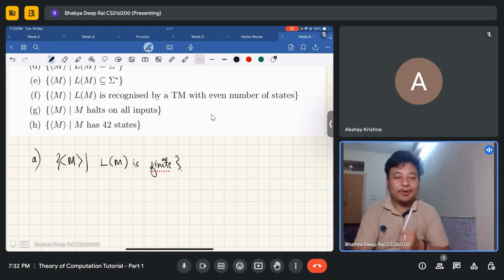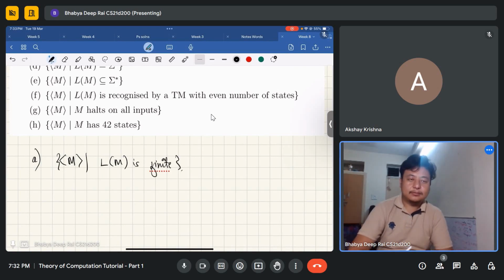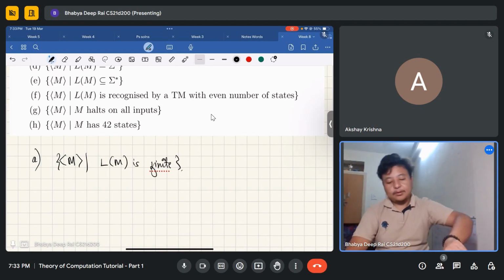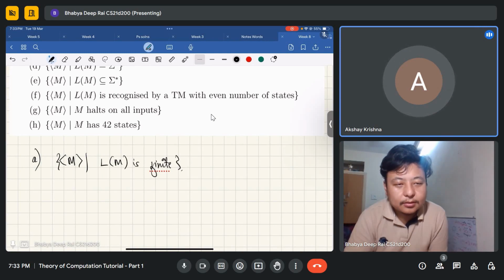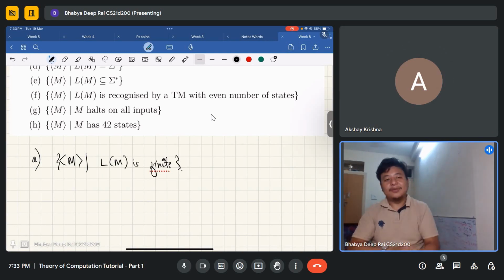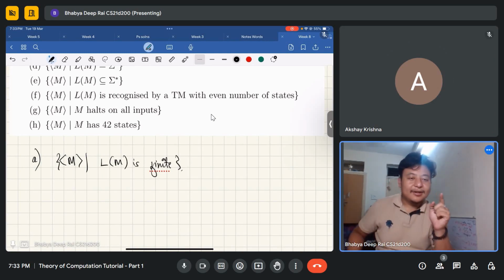So is this property trivial or non-trivial? I think it is trivial. You think it is trivial, but actually trivial means that for all machines the property is true, or for all machines the property is false.